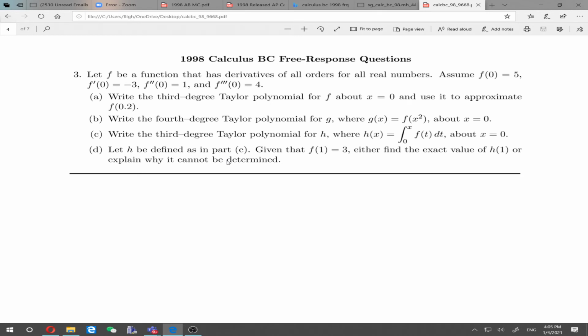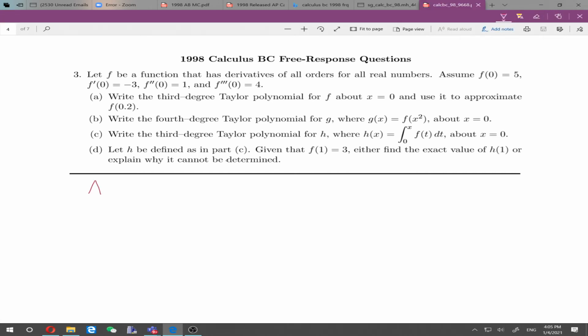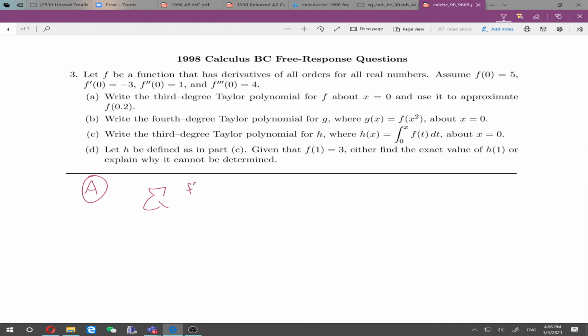So if I'm going to set up a Taylor series and we know what our derivatives are at these points, my general form for a Taylor series looks something like this. I'm going to add up the nth derivative at our center point, which would give us a constant, times x minus a to the nth power, and then I would have to divide by n factorial, from n equals 0 to infinity.